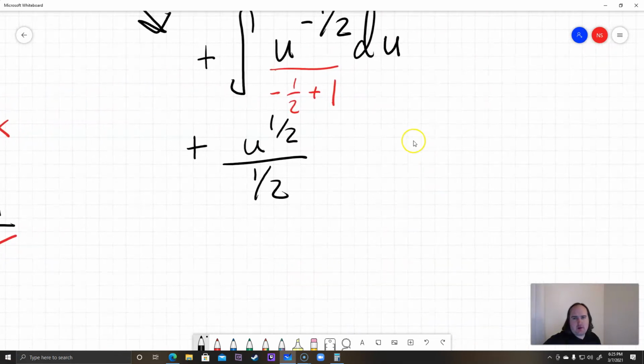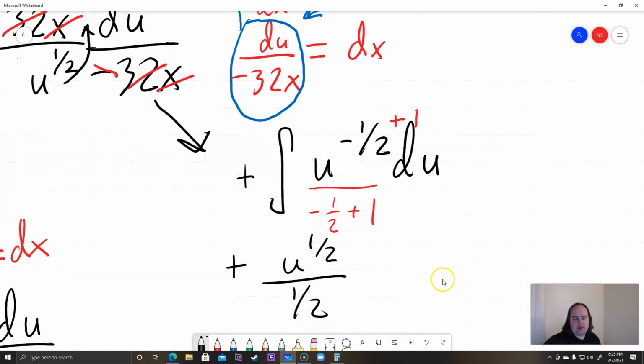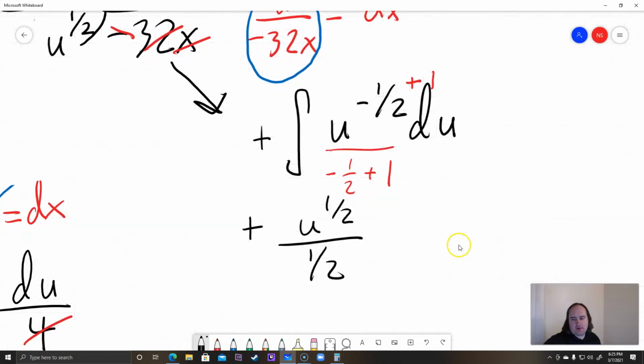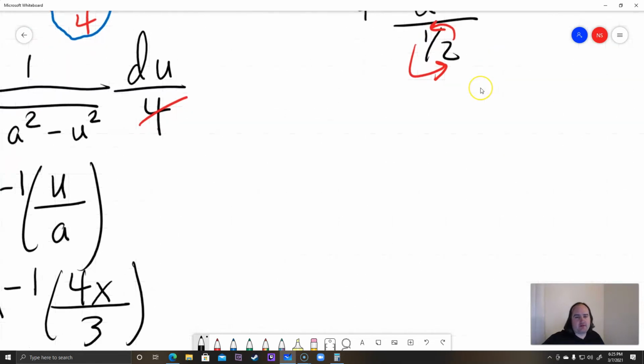Okay, so we got u to the 1/2 divided by 1/2. And remember, 1 over a fraction is the same as multiplying by the reciprocal. So if we flip over the 1/2, we're going to have a 2 on the top. So we're going to have 2 times u to the 1/2.